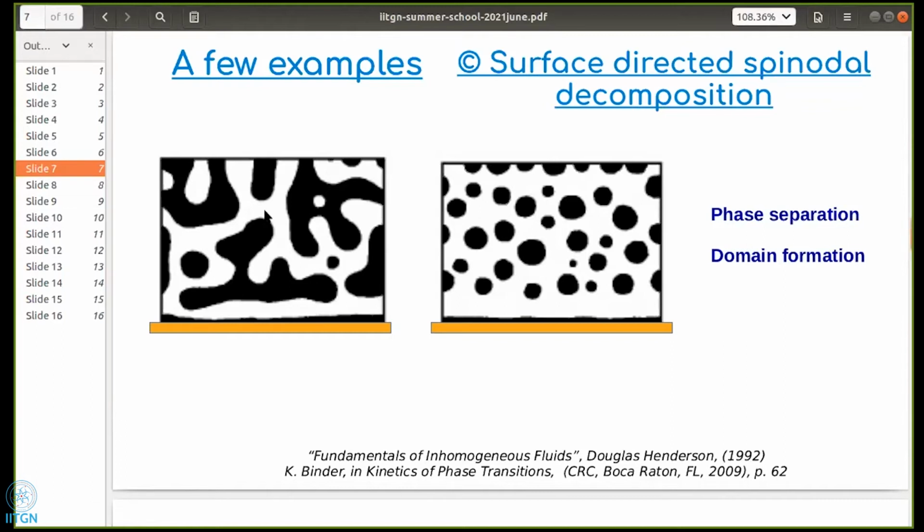So that's why you have this kind of domains forming, like you see in both the pictures here. You can either have percolating continuous domains, or you can have disconnected droplets. Now the question is, under which situations are you going to have percolating structures like you see here, or droplet-like structures?